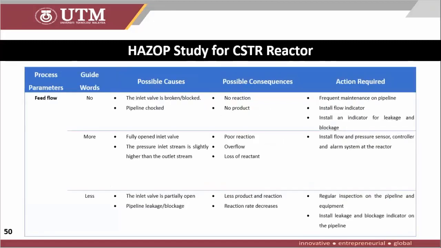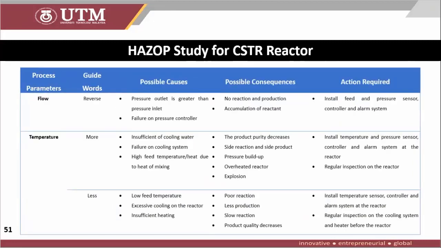For the process parameter feed flow, the deviation expected is no flow due to pipeline choke, leading to no product. The action required is installing a flow indicator. For more flow and less flow, the action required is to install a flow and pressure controller and also install leakage and blockage indicators. For the process parameter backflow, this is due to failure of the process controller, so we decided to insert a feed and pressure sensor controller.